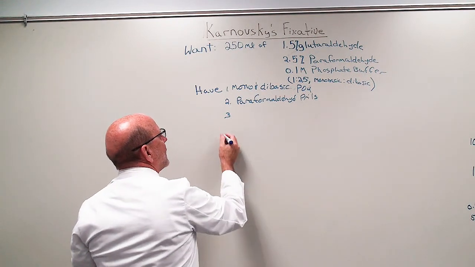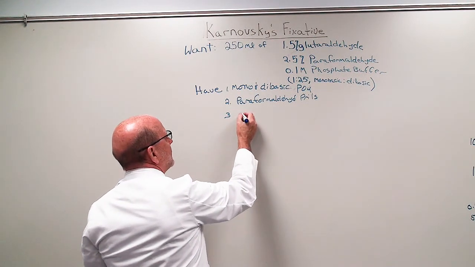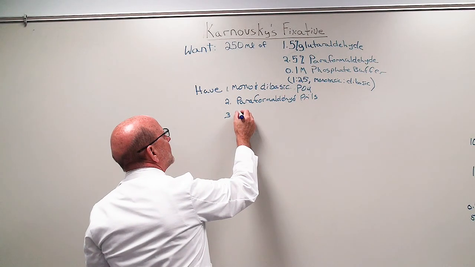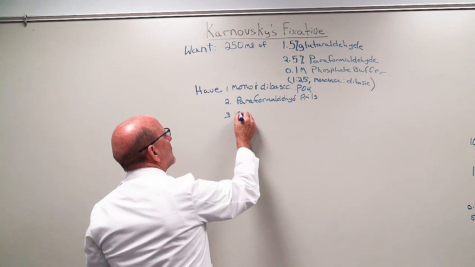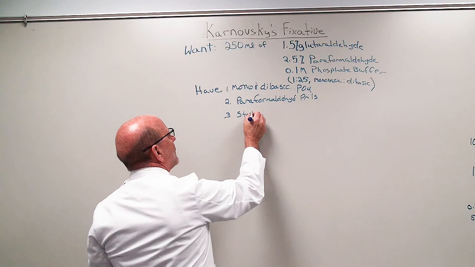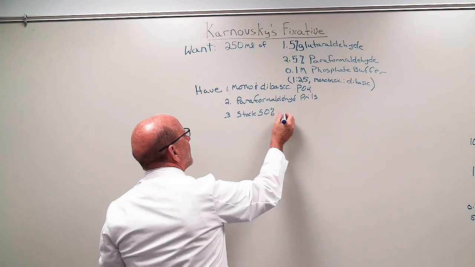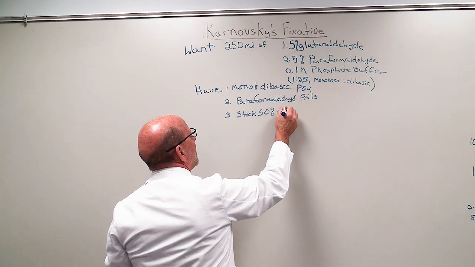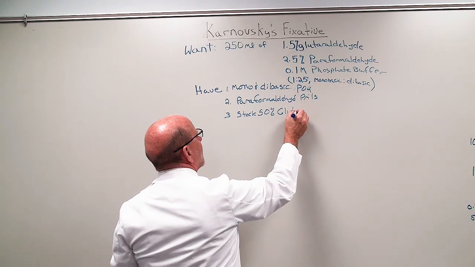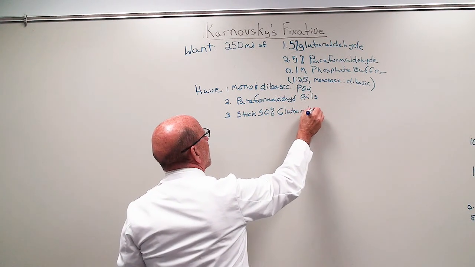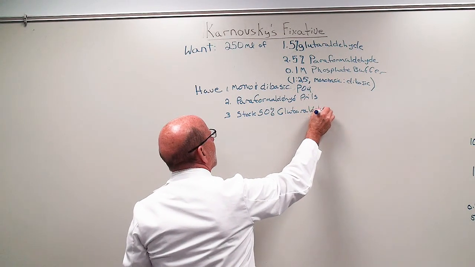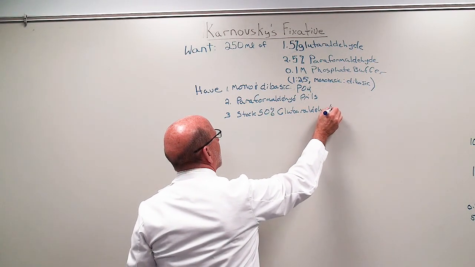So for the glutaraldehyde I use my concentration volume formula, and I have a stock of 50%. That's in a bottle, and it's EM grade glutaraldehyde. And this is the one where we have to be careful because we also offer ampules, and many labs do use the ampules.